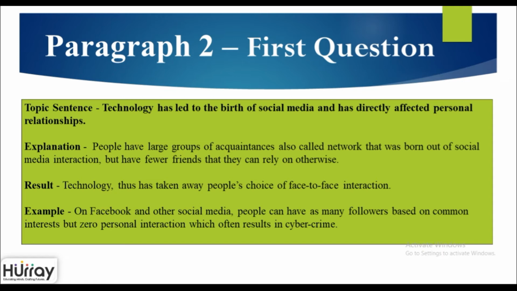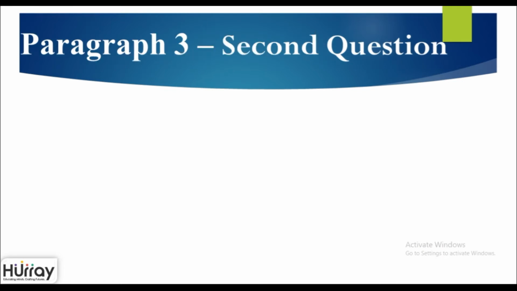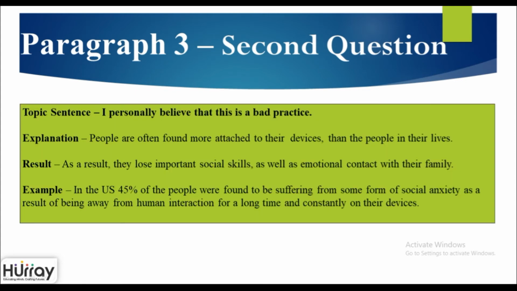Now let's move on to the next paragraph. Paragraph 3 talks about the second question. Let's have a look. Again, you have your topic sentence, explanation, result, and example. Now, I personally believe that this is a bad practice. This is one way of saying it, where you are hinting that it is a bad practice. Of course, when it comes to explanation, you will be further explaining and saying why you believe that it is a bad practice.